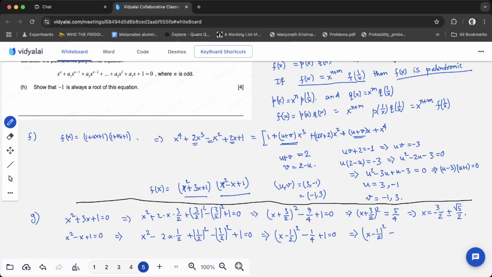So (x minus 1/2) whole squared equals negative 3/4. So these roots will be complex because we have to take the square root of negative 3, which is square root 3 times i. x equals 1/2 plus or minus square root 3 over 2 i.